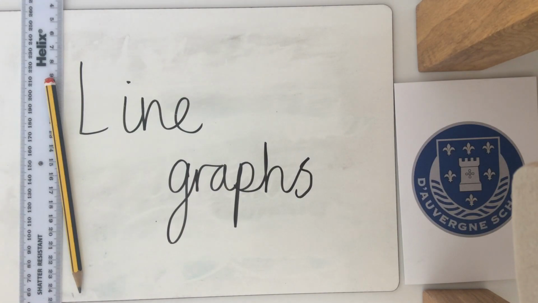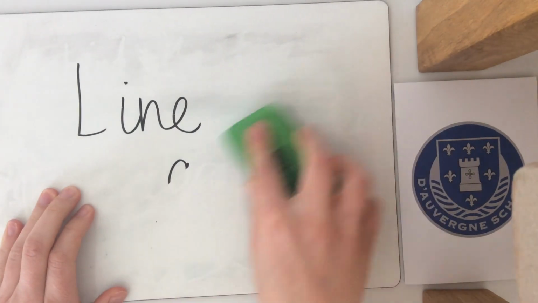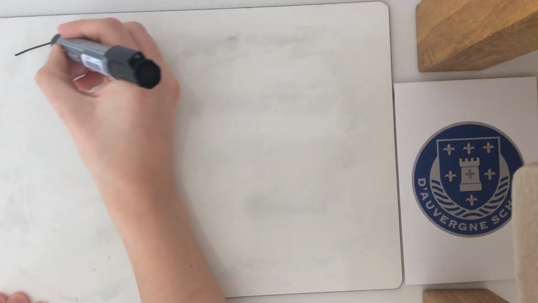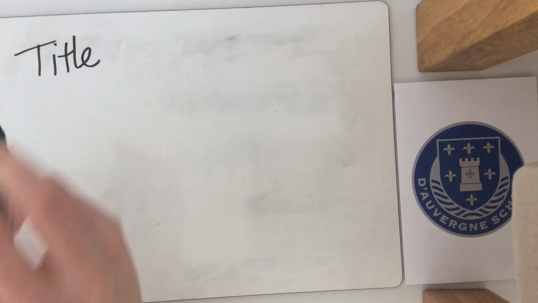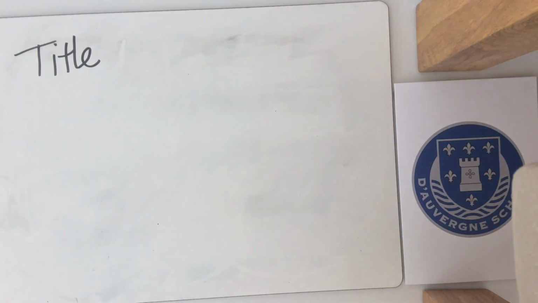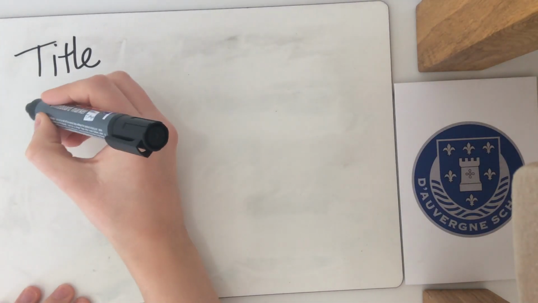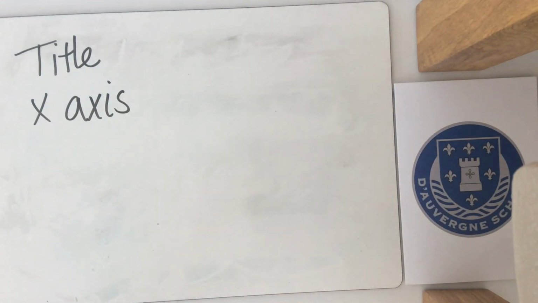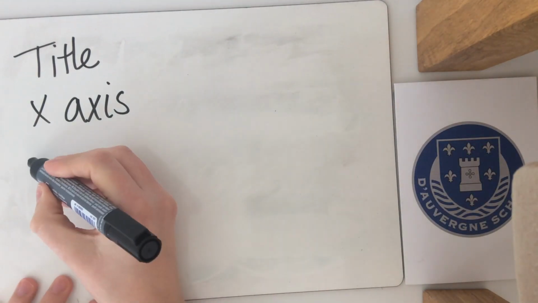So when creating a line graph, we must think about lots of different things. The title of the graph. What is the graph giving us information about? The x-axis of the graph, which is the horizontal axis.